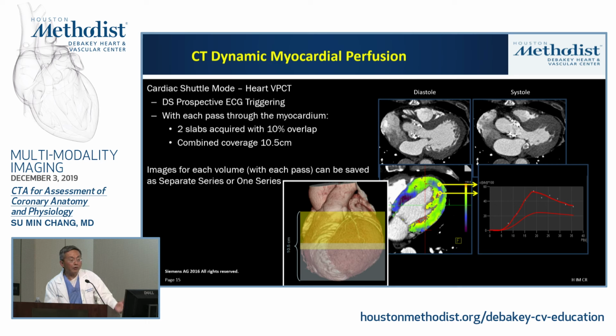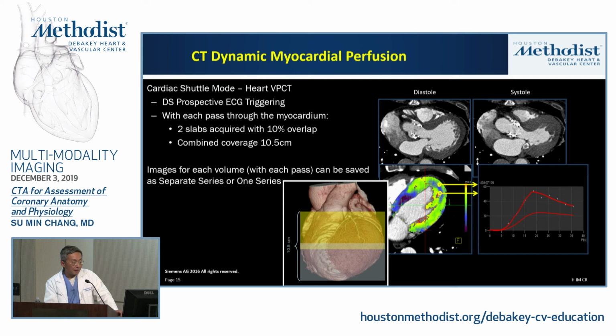Essentially, you need to do a resting CT and a stress CT, so the patient needs to have two CT scans. This is very important. It's just like nuclear: you need a resting scan and a stress scan, and you compare the contrast intensity in the myocardium to decide whether the patient has a perfusion defect or not.